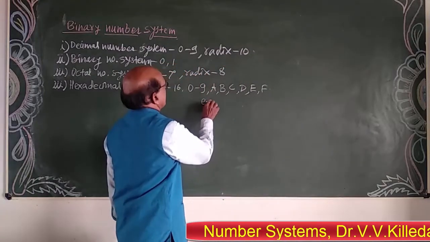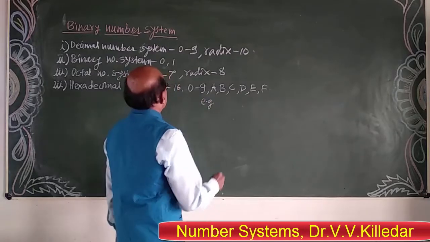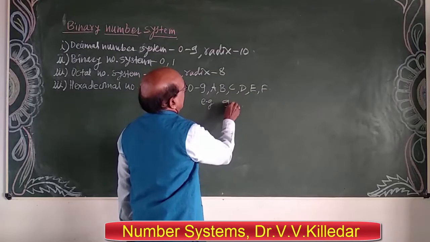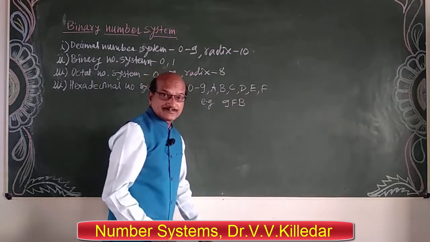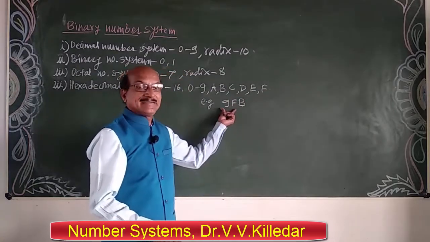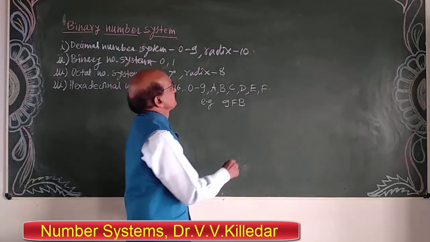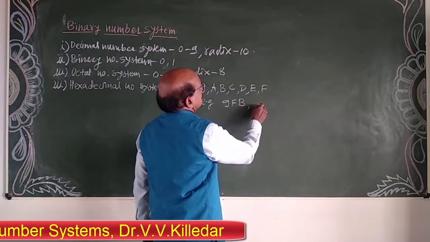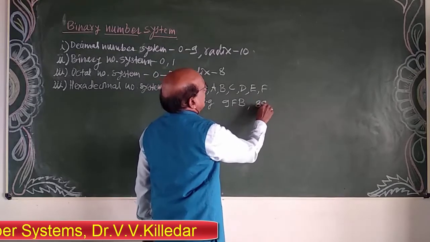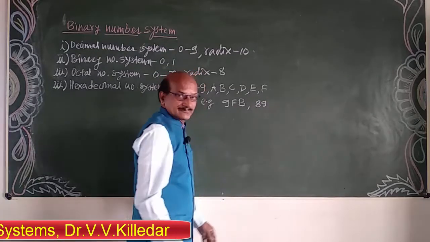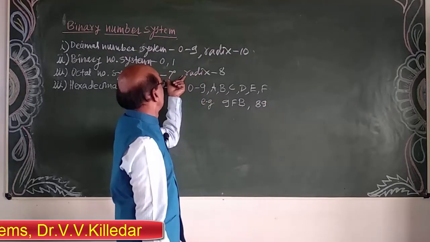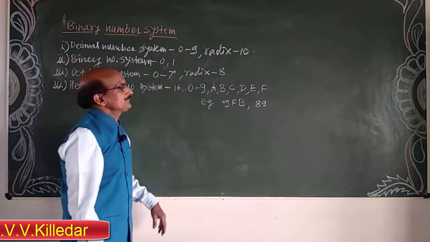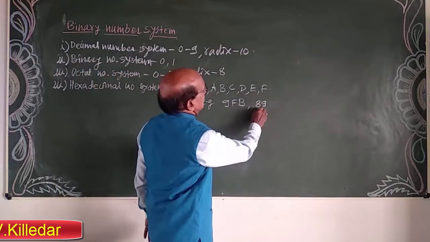For example, this is a number in hexadecimal, 9FB. So, this is a valid hexadecimal number. If you write a number like 89 in octal, in the octal number system there are only 8 symbols, 0 through 7, and here you are writing 89.